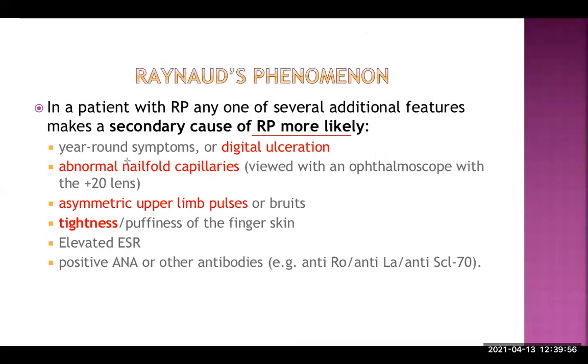And those features are digital ulceration, or symptoms throughout the year whether exposed to cold or not. Abnormal nail fold capillary. Abnormal nail fold capillaries, if viewed with an ophthalmoscope with a +20 lens, we can see these nail fold capillaries there, and if they are present, we think strongly about connective tissue disorder here.